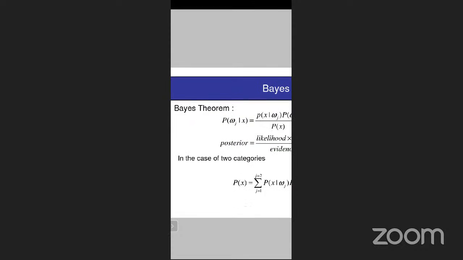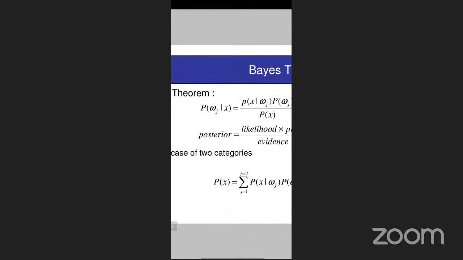So this is your well-known Bayes theorem. Have you seen this somewhere? Yes, sir, in probability. P of omega i given x equals P of x given omega i, probability of omega i, by probability of x. The probability of x is summation of P of x given omega i, probability of omega i, for the 2 classes, i equal to 1 to 2.